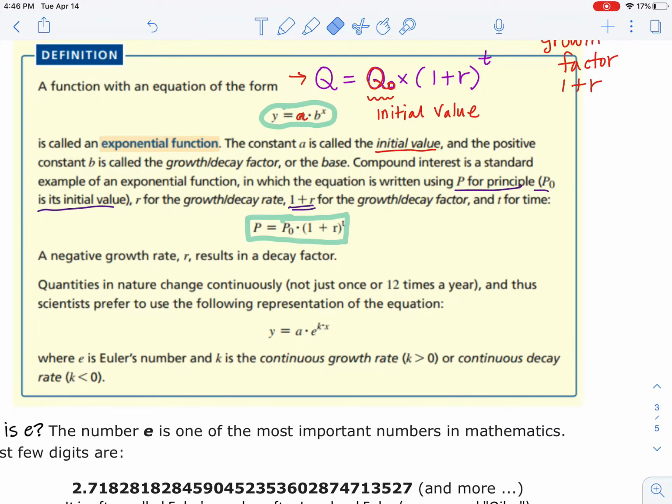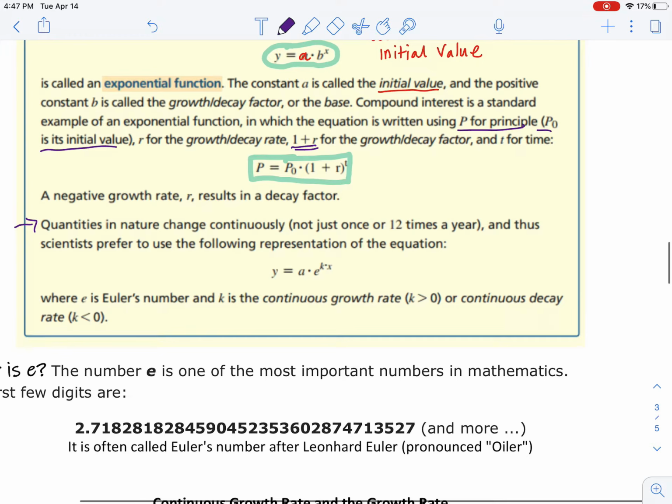But what if, because in nature, things don't always happen every day or at the end of the day or every quarter? It just happens all the time, like say bacteria growth, or money in a bank account, like an investment. The quantities in nature change continuously, not just once or 12 times a year.